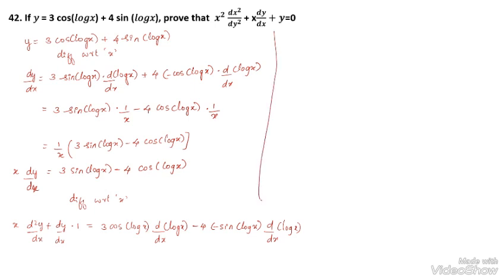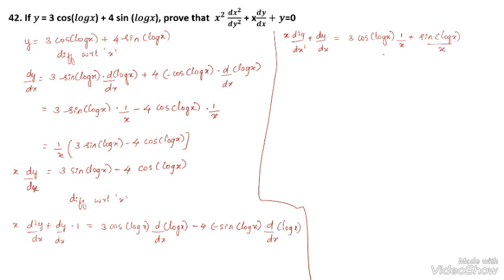Now, I can take here, that is x into d square y by dx square plus dy by dx is equals to 3 into cos of log x into 1 by x minus into minus plus, that is sine of log x divided by x.